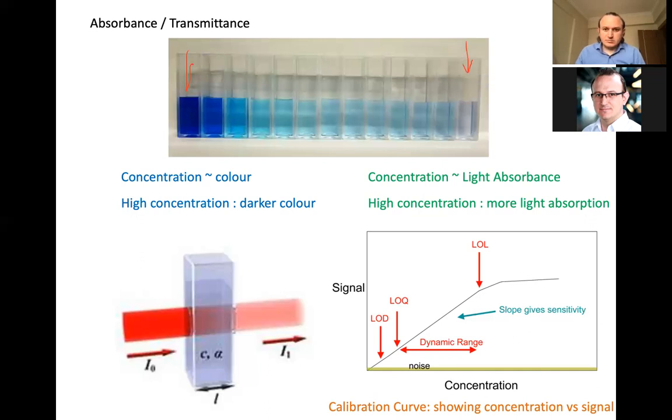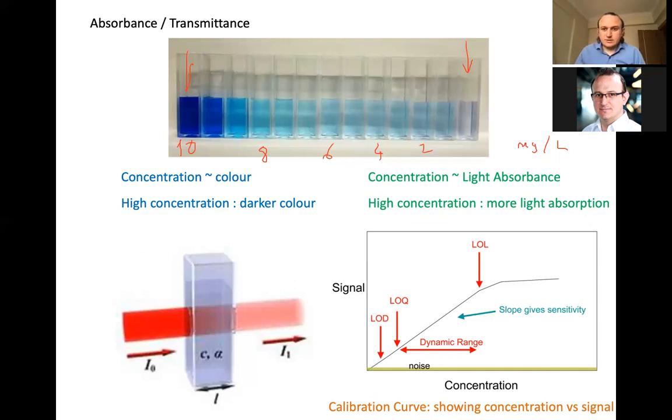We can just make some numbers about them. For example, let's imagine this one is 10, this one is 8, this one is 6, this one is 4, 2. And we can also make up some units. It can be milligram per liter, for example. It can be any concentration unit.